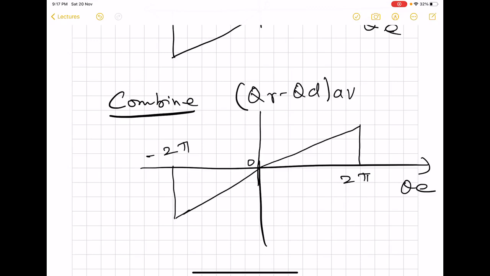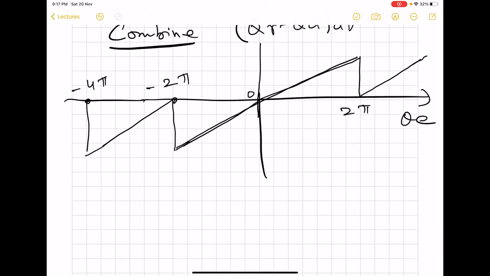And after this, there will be repetition of this curve. Here we see that for this PFD, we have a wider phase detection range. So theta E can vary from minus 2 pi to 2 pi.